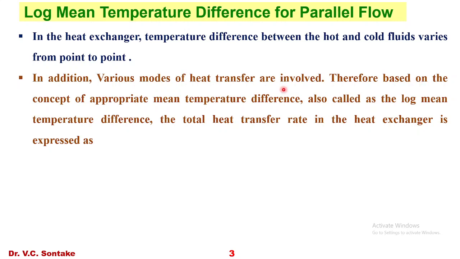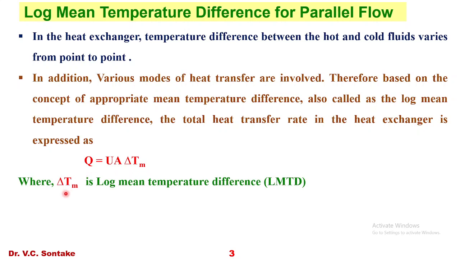Therefore, based on the concept of appropriate mean temperature difference, also called the log mean temperature difference, the total heat transfer rate by the heat exchanger between hot and cold fluid is expressed as capital Q is equal to U into A into delta Tm, where delta Tm is called log mean temperature difference, or in short LMTD.